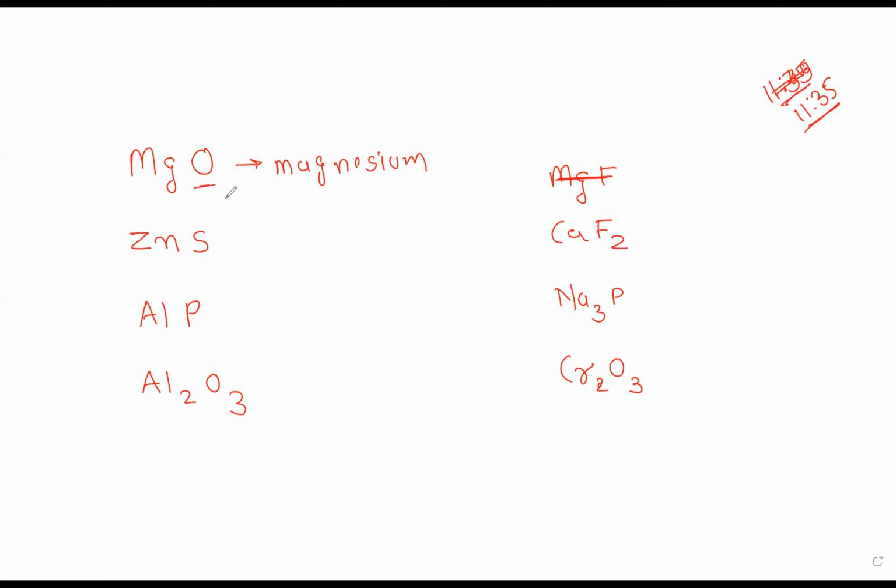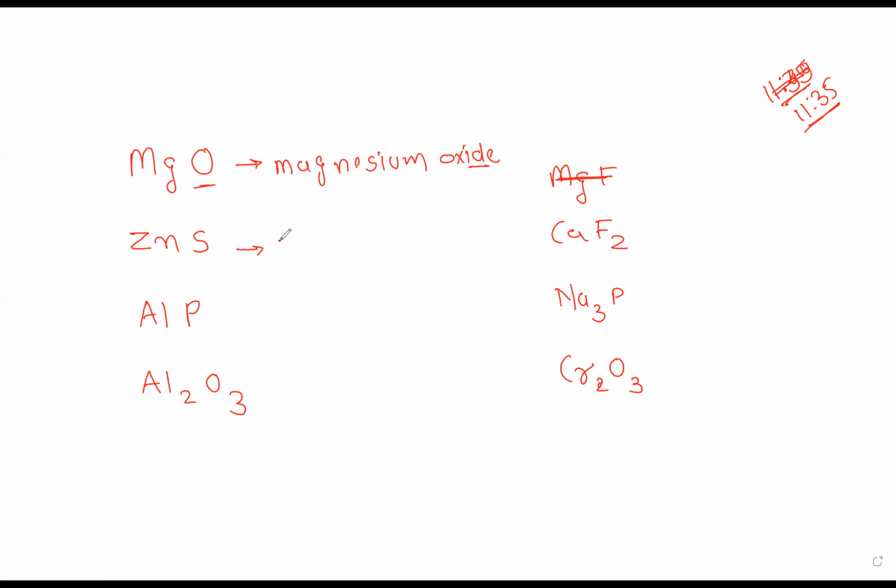O is an anion, a monoatomic anion, so we're going to call it magnesium oxide, with IDE.